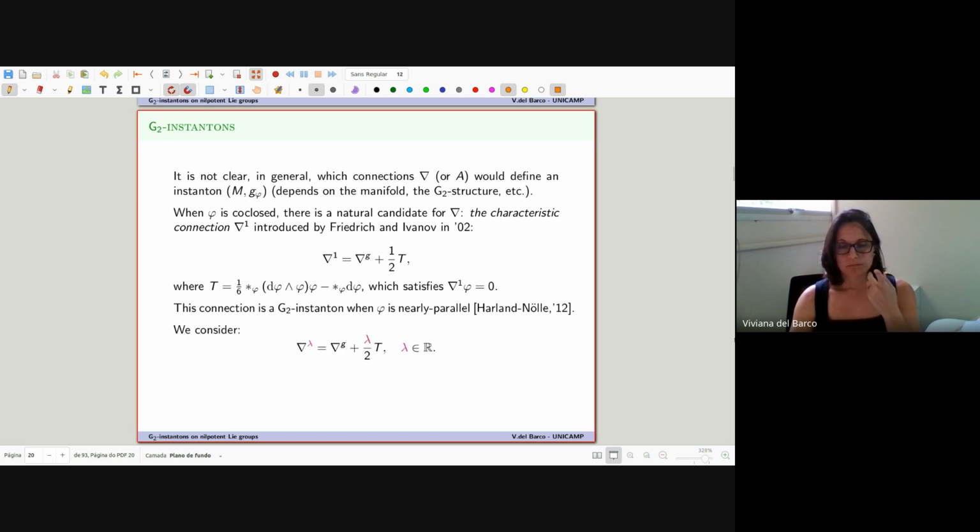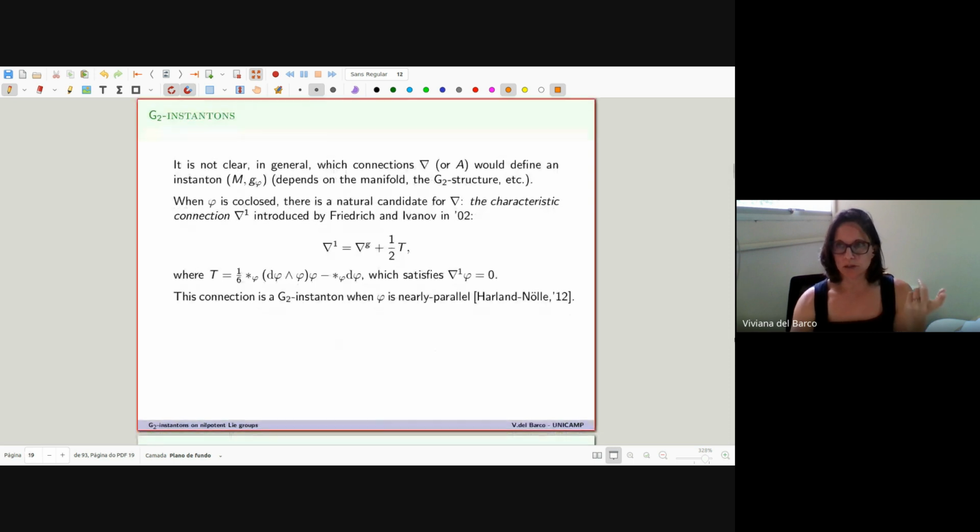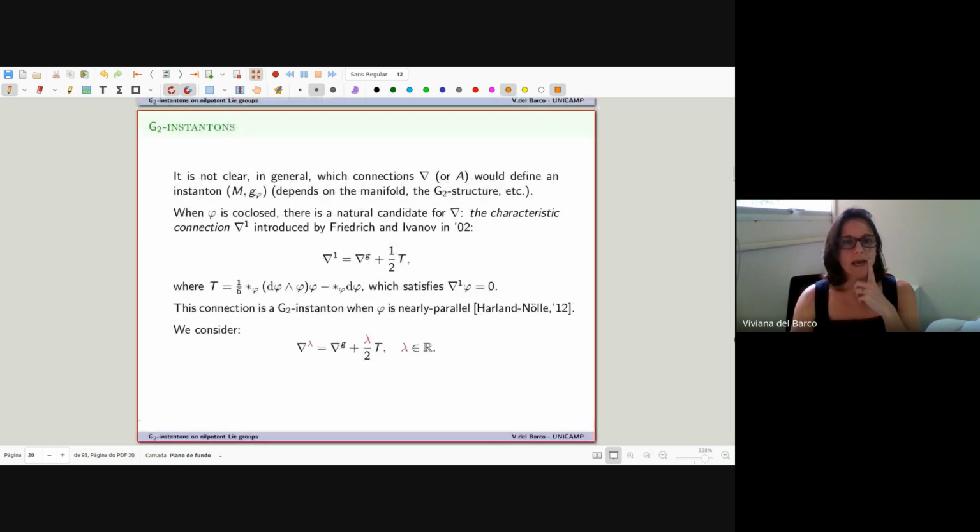So this is the connection that we are going to work with, and we wanted to give some more generality. So instead of having one half of the torsion, we just included the parameter lambda. And the question that motivates our research is we want to determine when this is a G2 instanton for phi coclosed.